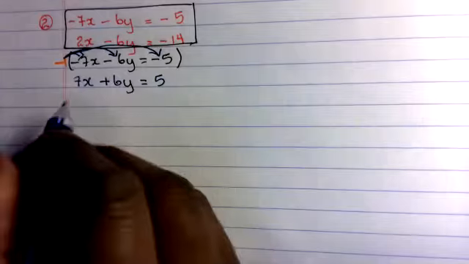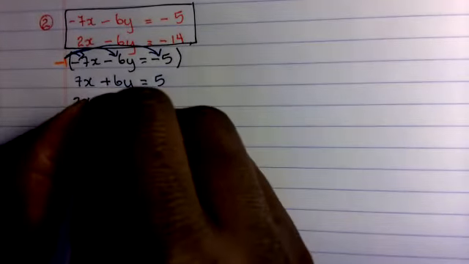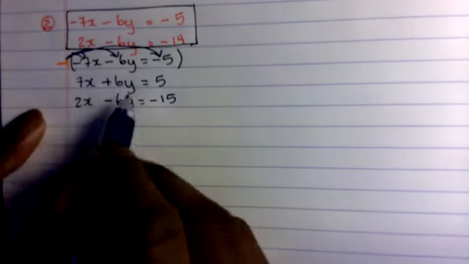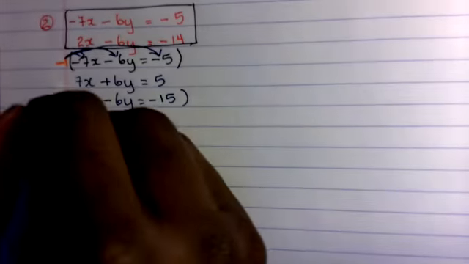5. Now I'm going to add my second equation, which is 2x minus 6y is equal to negative 14. So I changed the first one, and then I added the second one. As you see, they're lined up in terms of x and y.